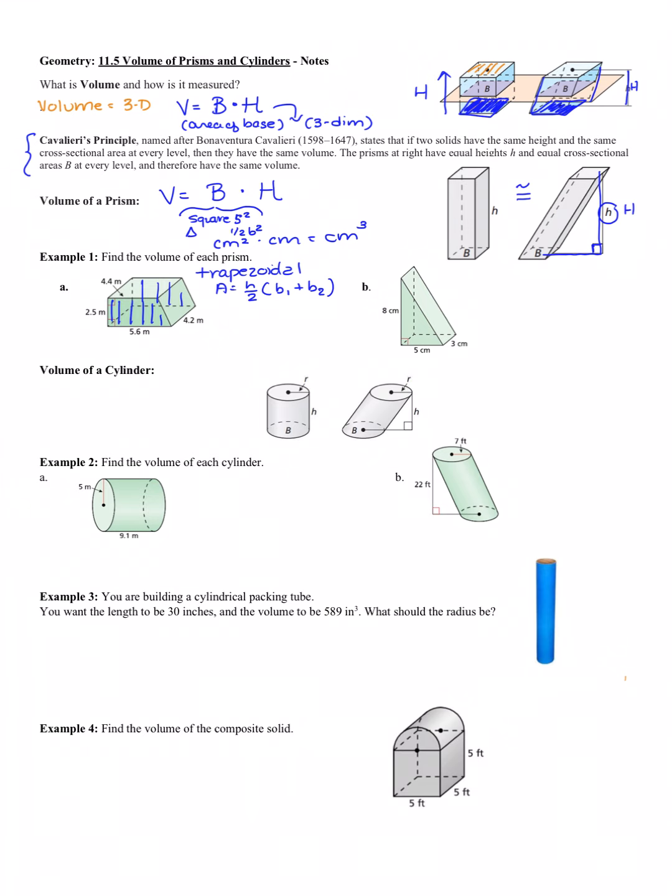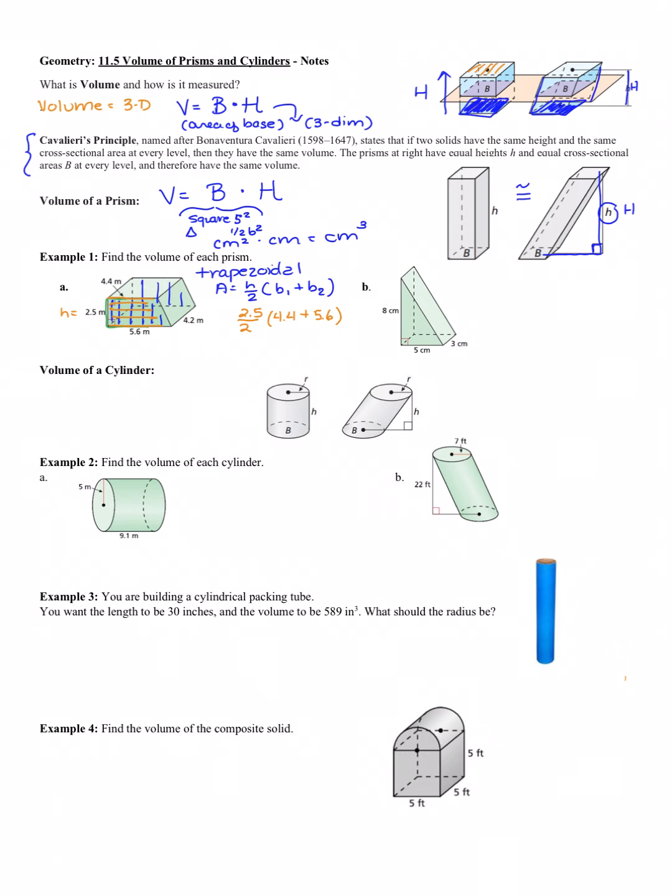So let's figure this out. We're going to focus first just on the area of the base. So the height is going to be 2.5 divided by 2. Base 1 is 4.4, and base 2 is 5.6.